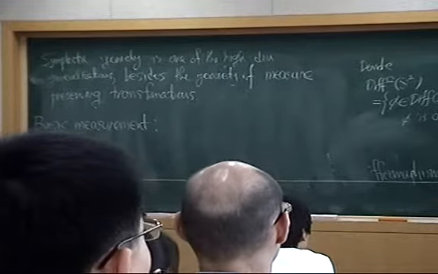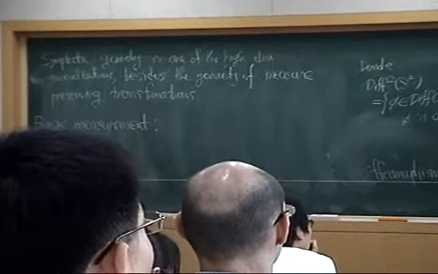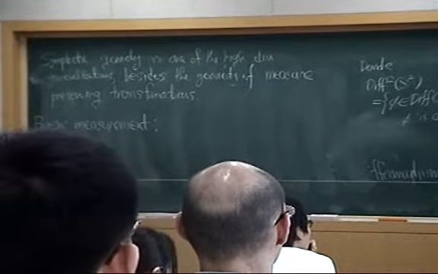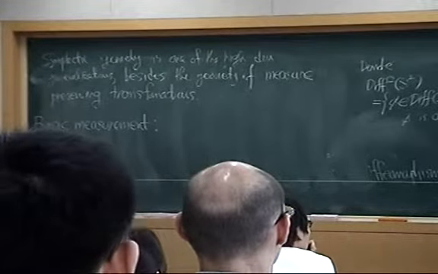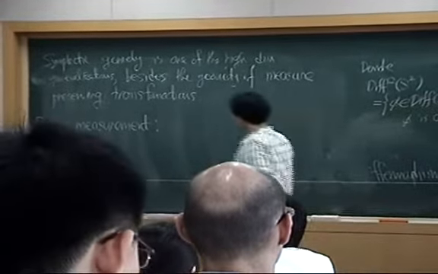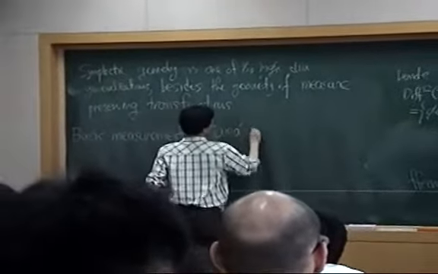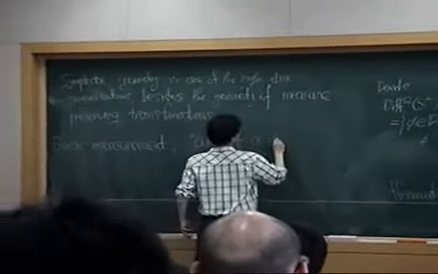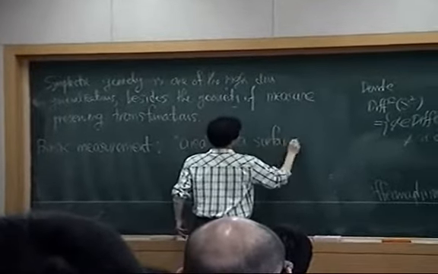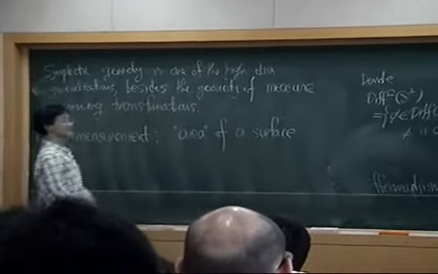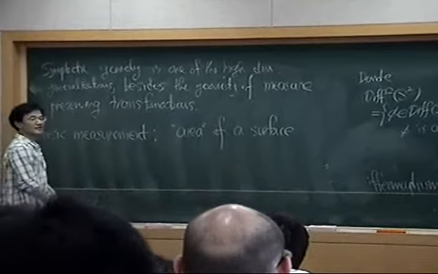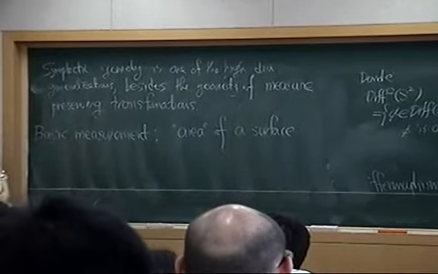In this two-dimensional case, everything is two-dimensional, so it's quite easy to understand. This area of a surface is the basic measurement in symplectic geometry.